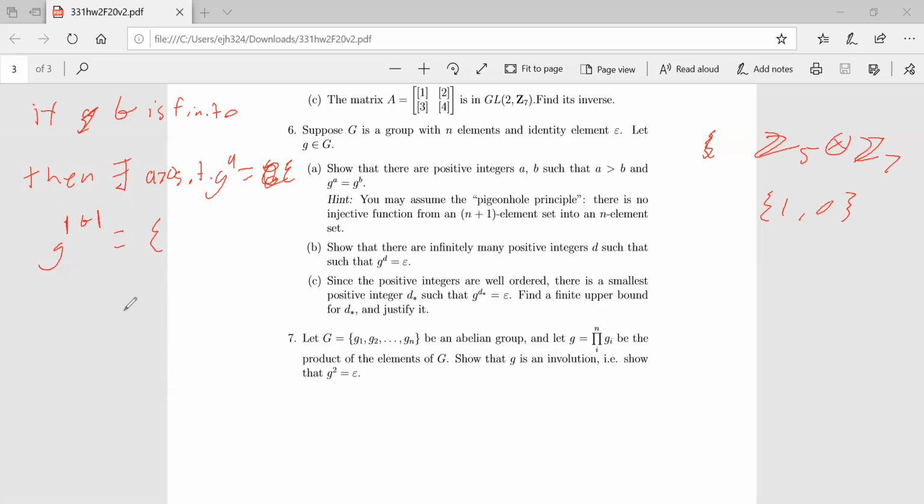So if I just pick G to the B plus the cardinality of G, then that is going to be set equal to A. That will work. You have to do a little bit of work to show that no matter what, if I do the cardinality of G, I'll cycle back to the identity. But that should be a pretty intuitive idea for you guys.